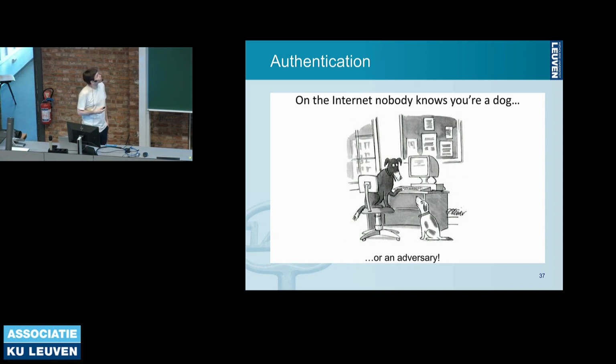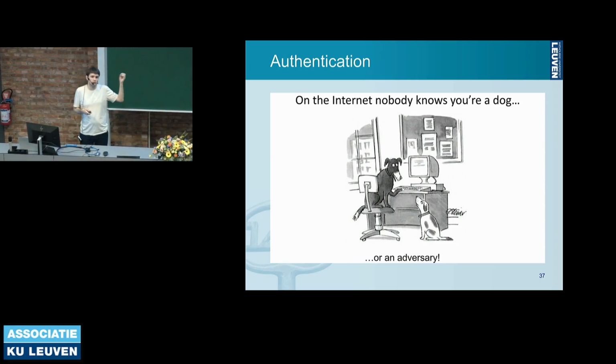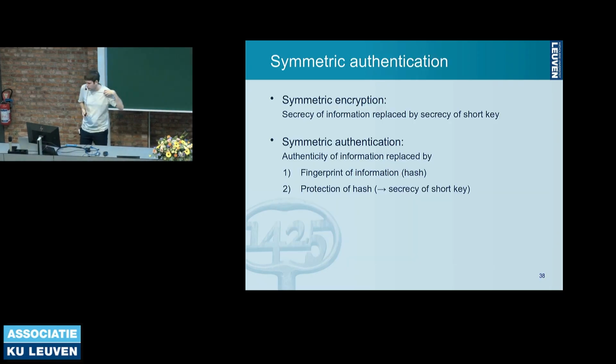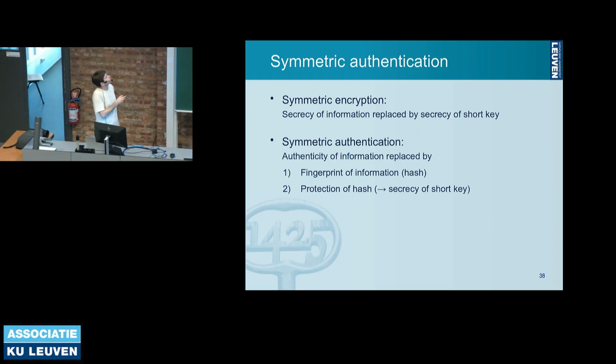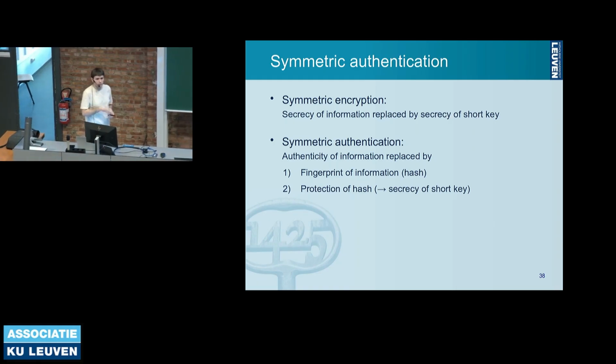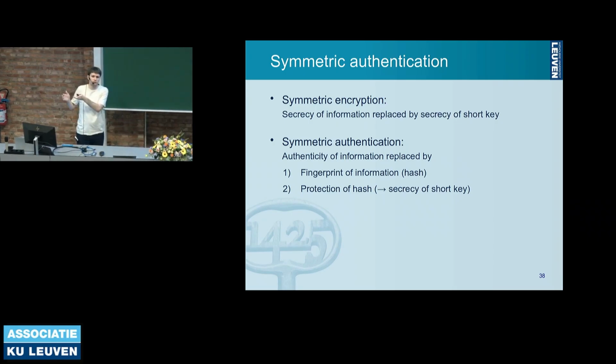Authentication basically allows us to check that the message was not modified and actually comes from the other party who has the secret key. Like I said, encryption allows us to protect the message, and this protection ultimately depends on the secrecy of a short key. Now we want to do the same for authentication.